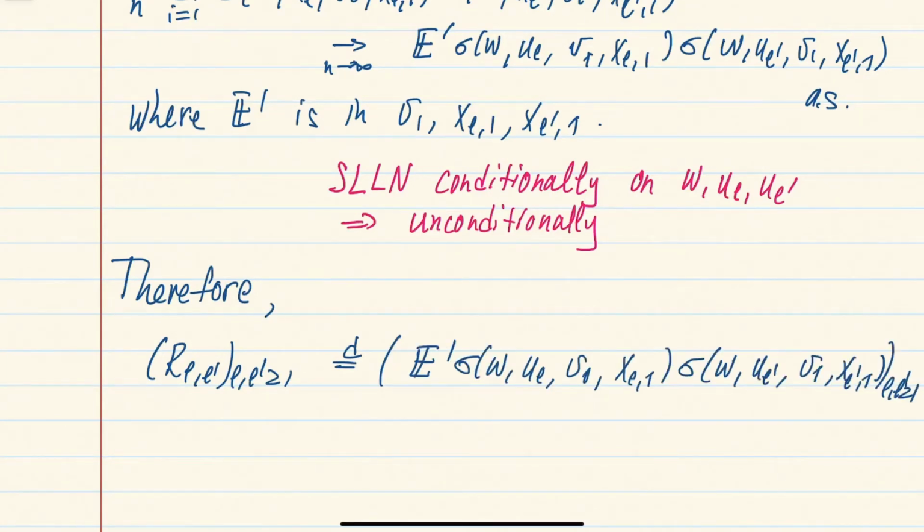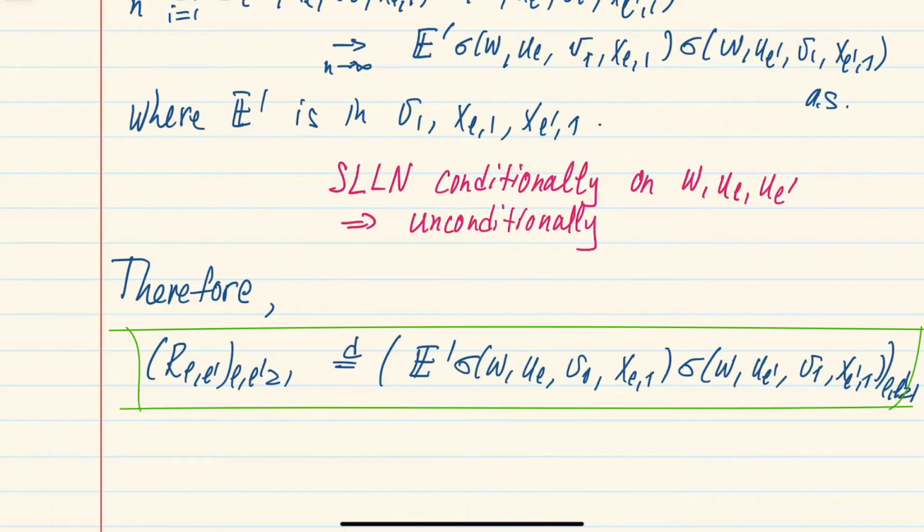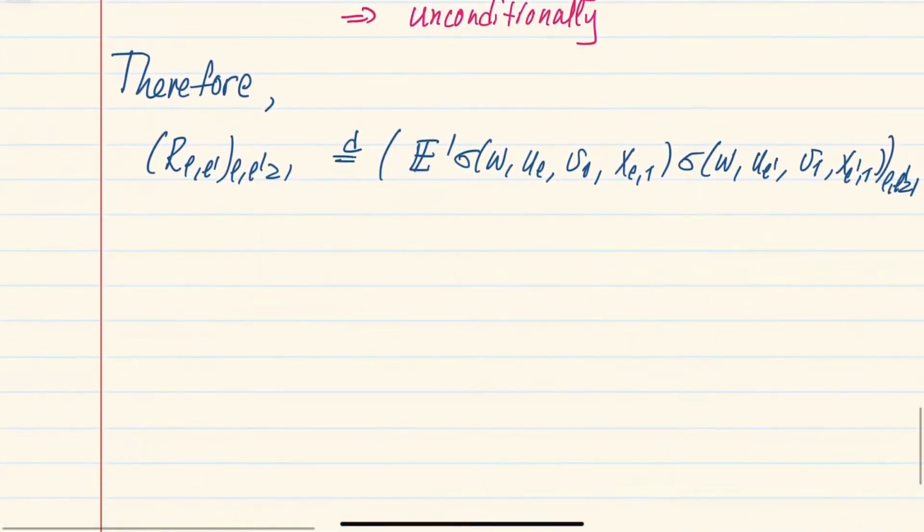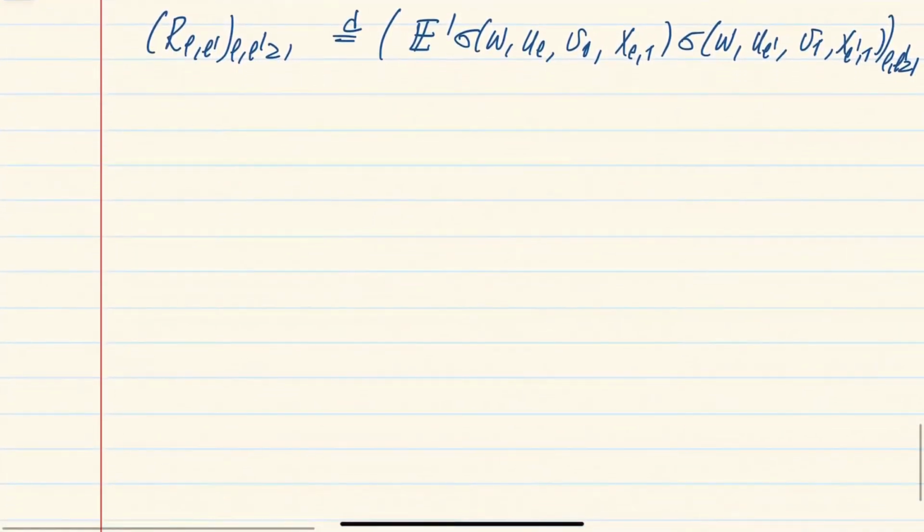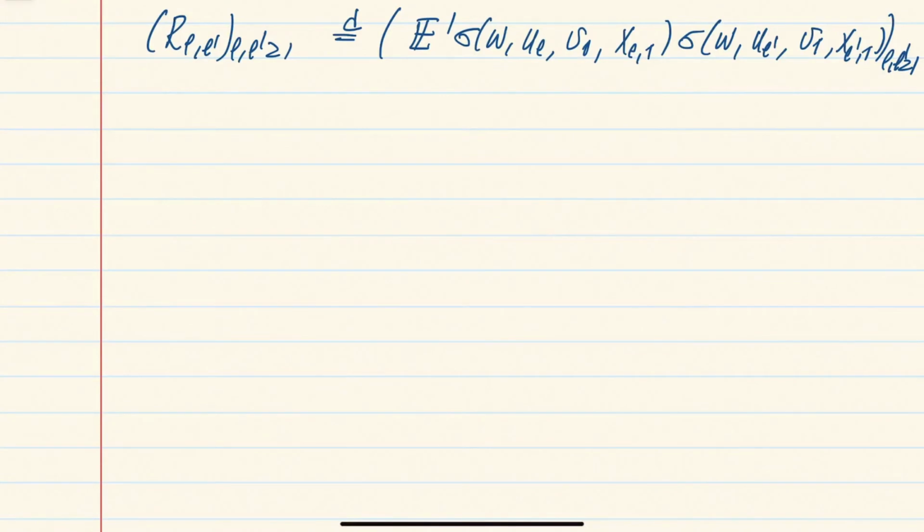So this auxiliary Gaussian array has played its role. We have used the Aldous-Hoover representation for that array, and now we get some sort of representation for the original Gram-definite array R. And the only thing that remains is to understand that this representation here is exactly of the form that we want. So in other words, we just need to reinterpret this representation that we obtained in a way that looks like the statement of the theorem.